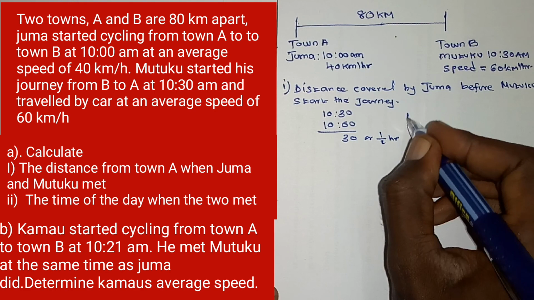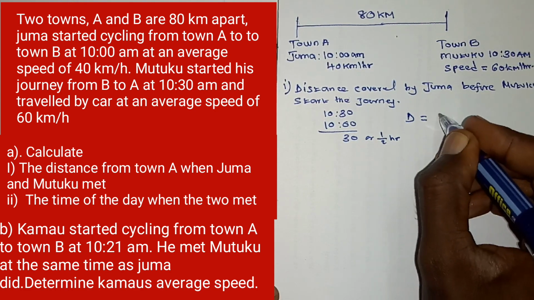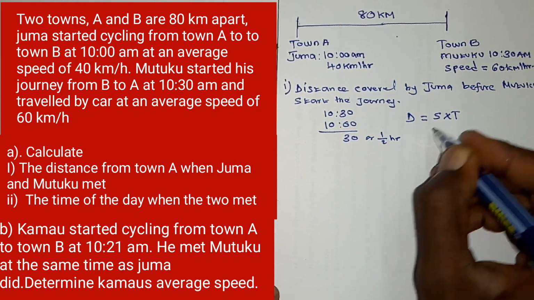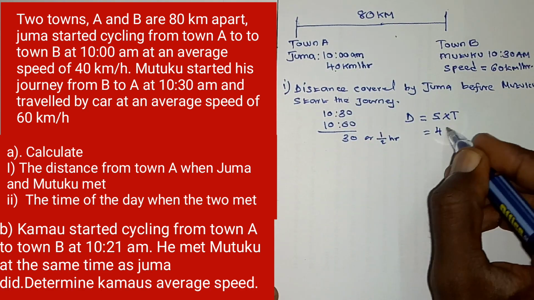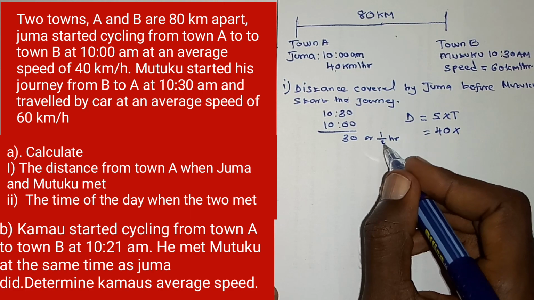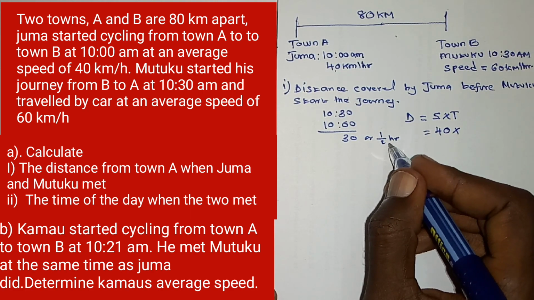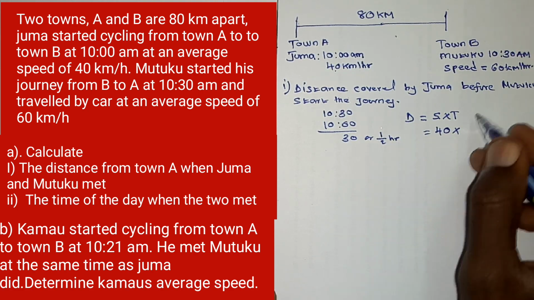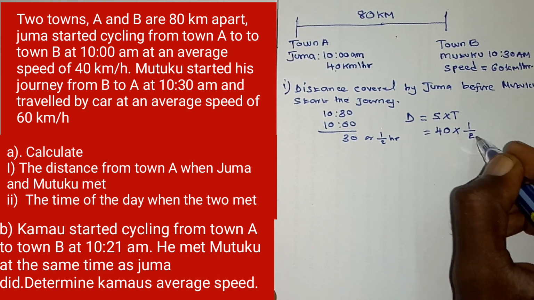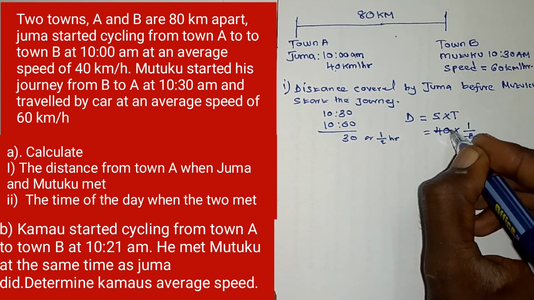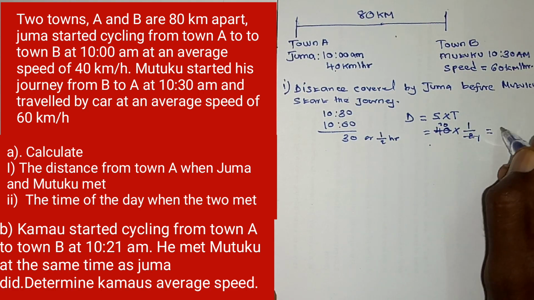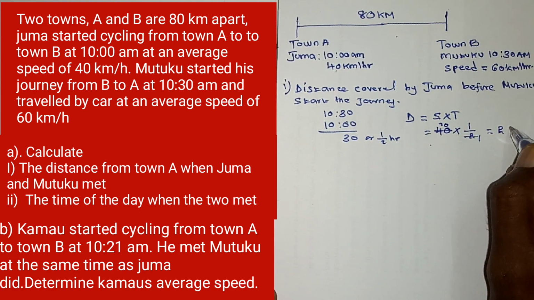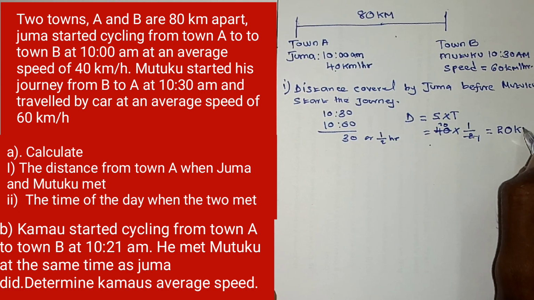Then, distance is equal to speed times time. The speed of Juma is 40, multiplied by the time covered by Juma before Mutuko starts the journey, which is half an hour. Therefore, 40 times a half is 20. The distance covered by Juma before Mutuko starts the journey is 20 kilometers.